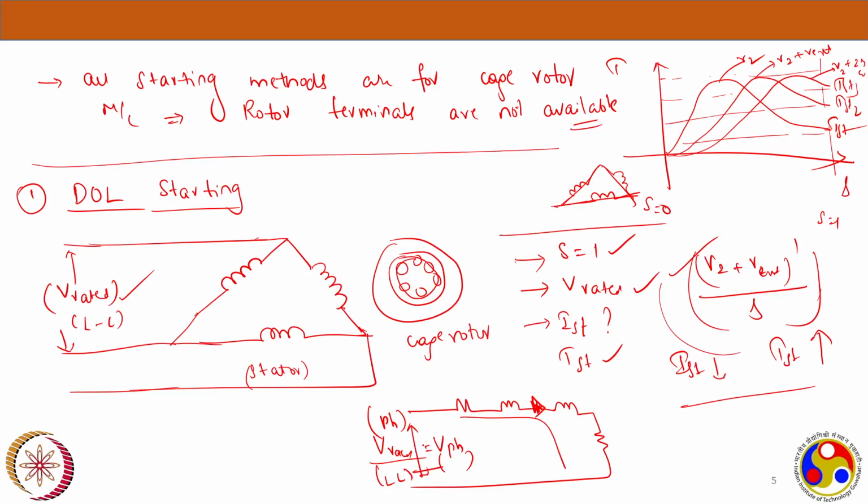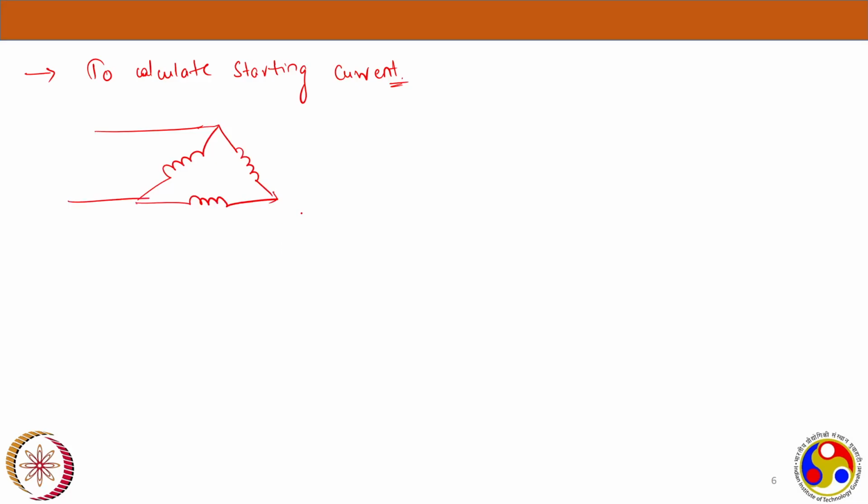Okay. Now the goal is to calculate the starting current. Drawing the machine again.